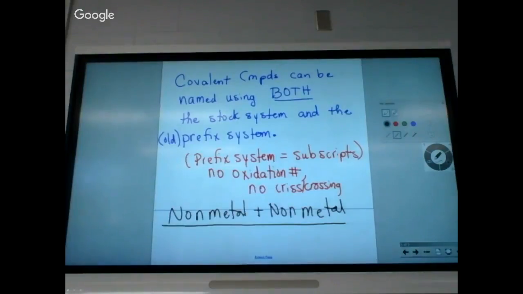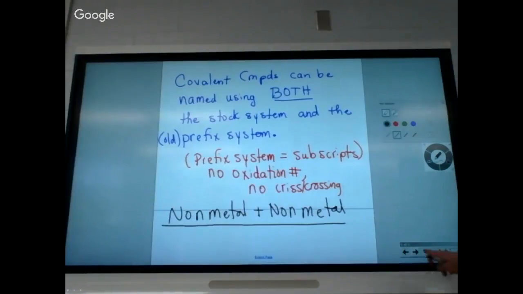What system can you only use with covalent? The prefix system. Now we're going to learn the prefix system, and I'm going to use Almaja over here. She's going to be like, I like the old system as well. Almaja can use the old system every time she sees what kind of compound? Covalent. Now, in order to use the old system, she has to be able to recognize what kind of compounds. Non-metals. She's got to recognize those covalent compounds.